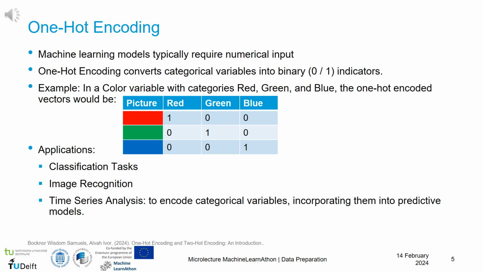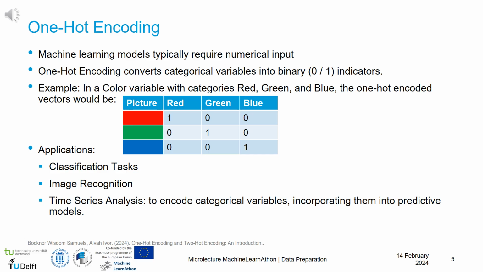So usually machine learning algorithms cannot handle categorical data very well, or they need them transferred in some kind of way in order to process the information.